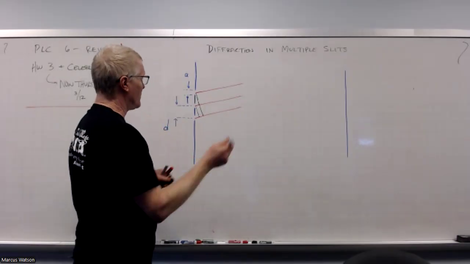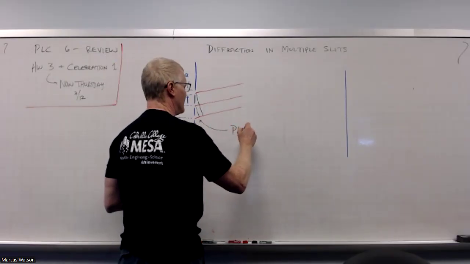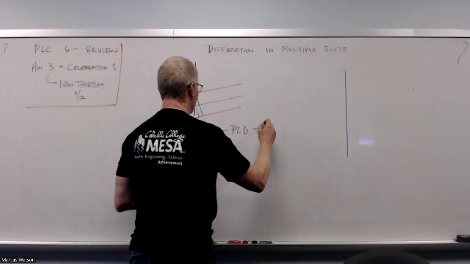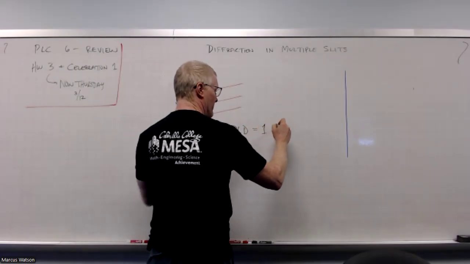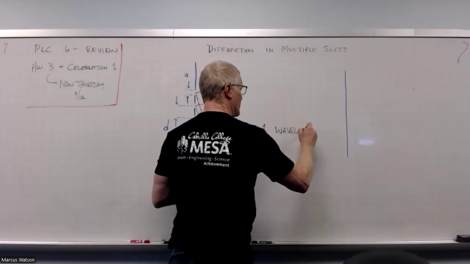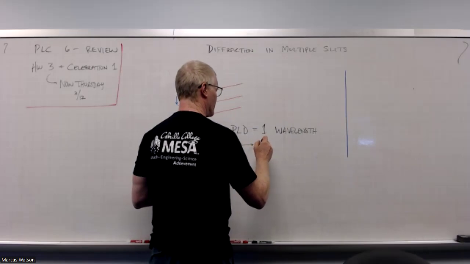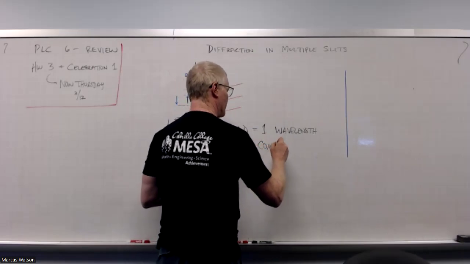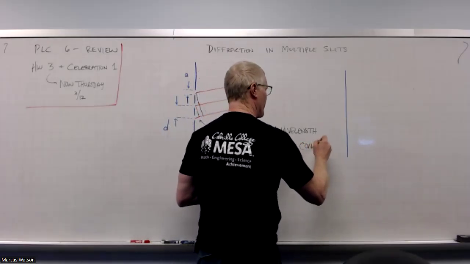All right. So if I think about the path length difference equaling, for example, one wavelength, then what we find is complete construction, and it should be a very bright spot.